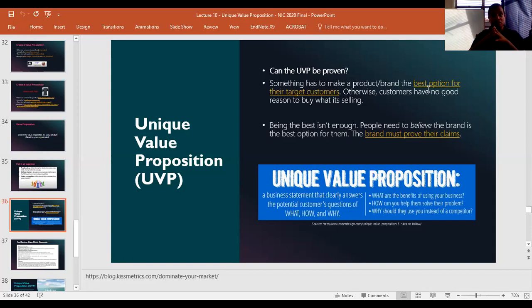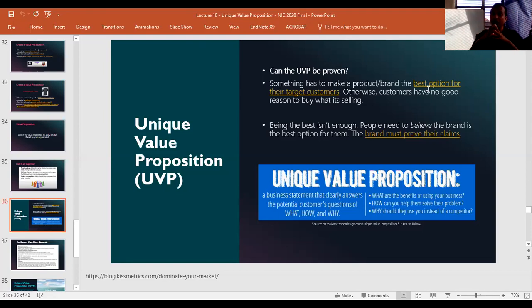But being the best is not enough. If you're claiming it, you must provide some evidence. People need to believe the brand is the best option for them, and for that the brand must prove its claims. If you're trying to formulate or design a unique value proposition, you must support the positioning and differentiation.